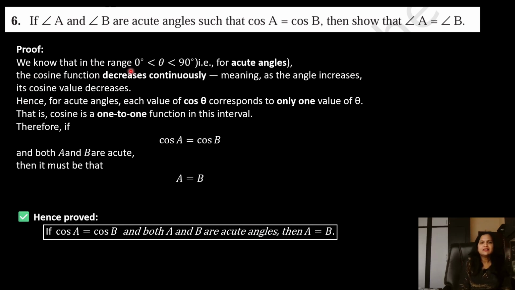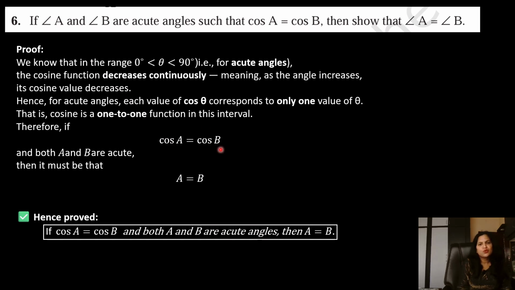So we know that the range is 0 to 90 degree, the theta value for acute angles. The cosine function decreases continuously, meaning as the angle increases, its cosine value decreases. Hence, for acute angles, each value of cos theta corresponds to only one value of theta. That is, cosine is a 1 to 1 function in this interval.